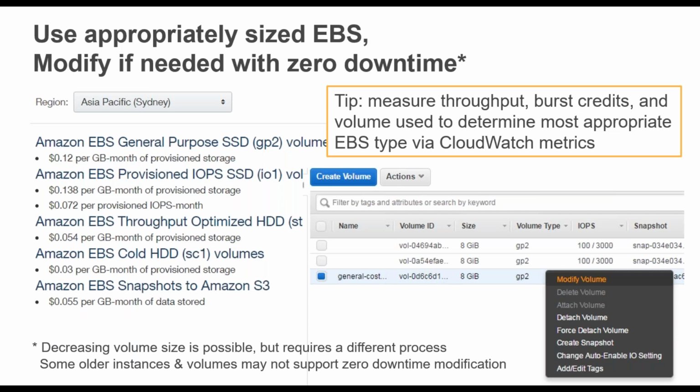Switch around the configuration based on your requirements and based on the use case that you have. And what that will enable you to do is manage the cost footprint that you have for those EBS volumes. What you can also do is look at resizing them. So if you have portions of disks that are underutilized, look at resizing that disk and potentially making it smaller.